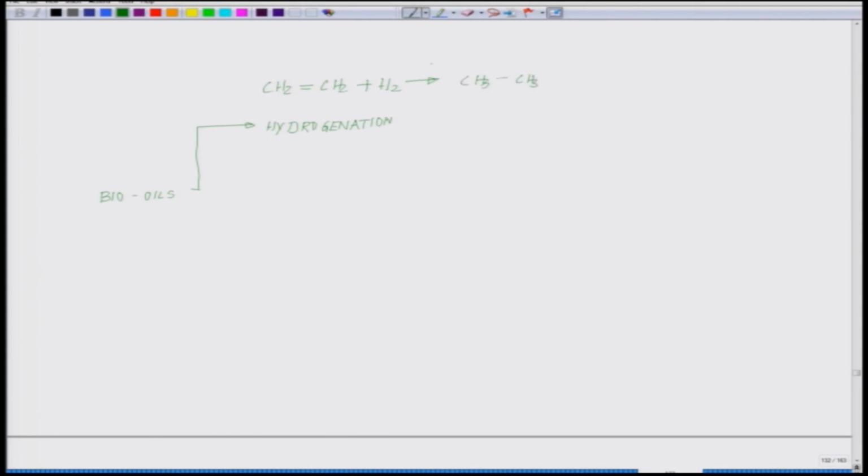Such a reaction can take place at a temperature around 200 degrees centigrade and at a pressure higher than normal. P stands for pressure, and different kinds of metallic catalyst are used. One of the prominent catalysts used is nickel.